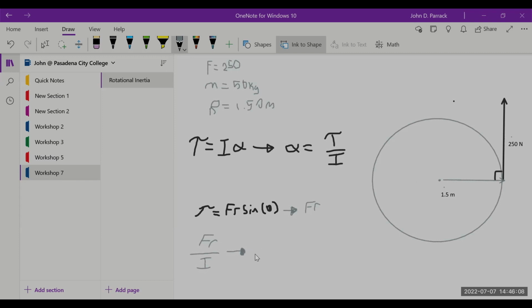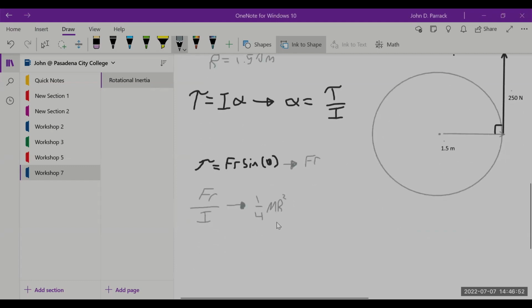For the disk, I know that it is 1/4 the mass of the disk times the radius of the disk squared. Actually, I say I know that. I better double check. Don't want to steer you guys wrong. Rotational inertia of solid disk. Yes, 1/4 M R squared. Okay, provided it's rotating in this axis in this way.